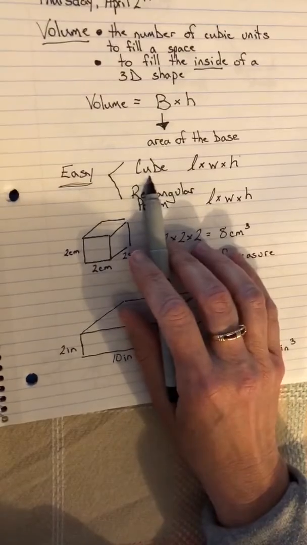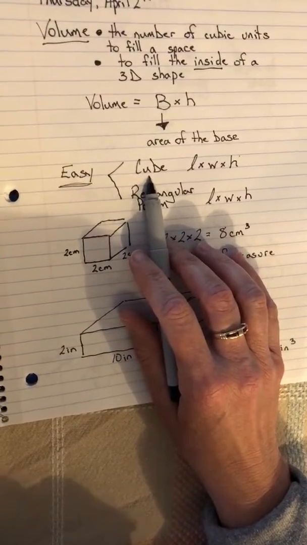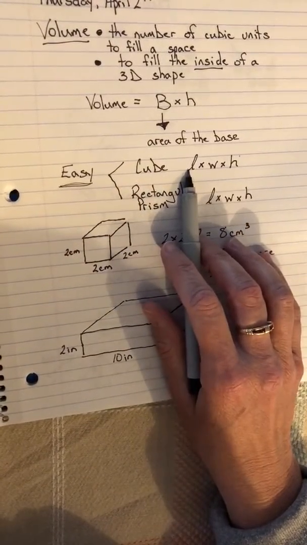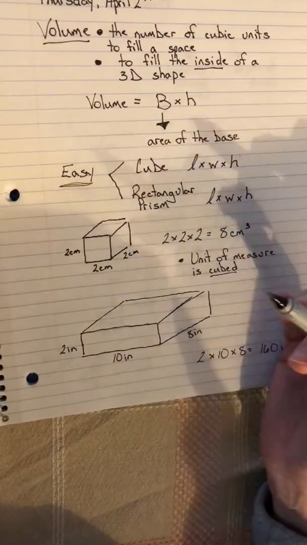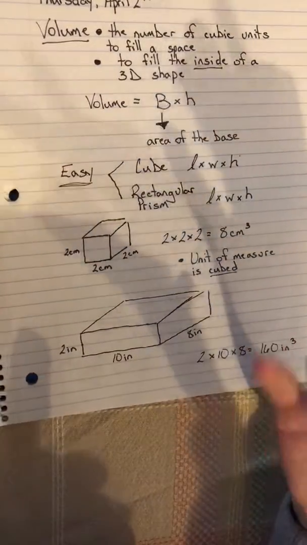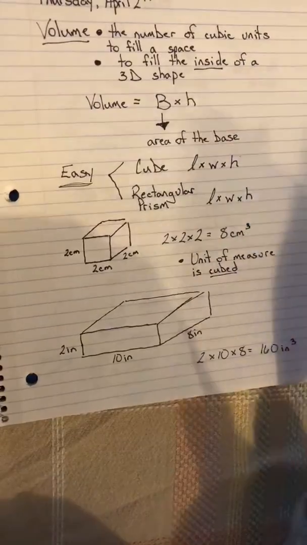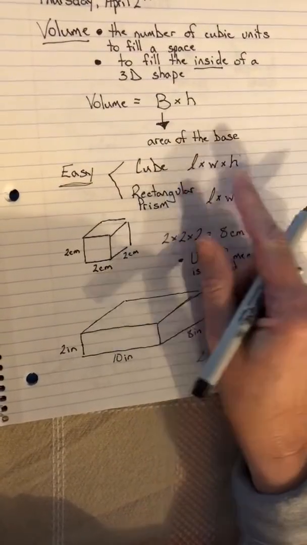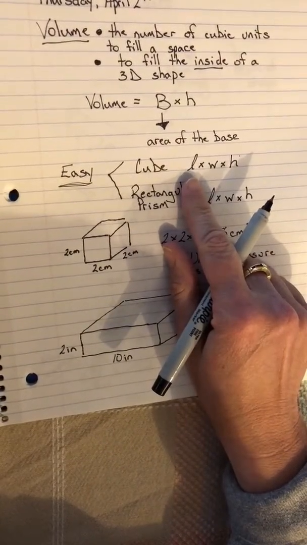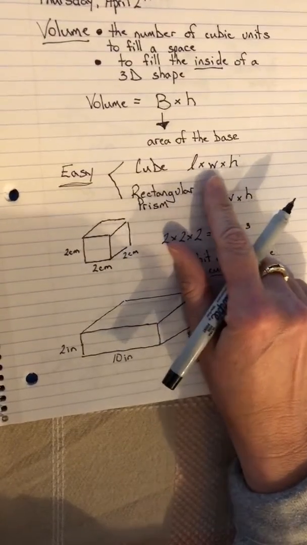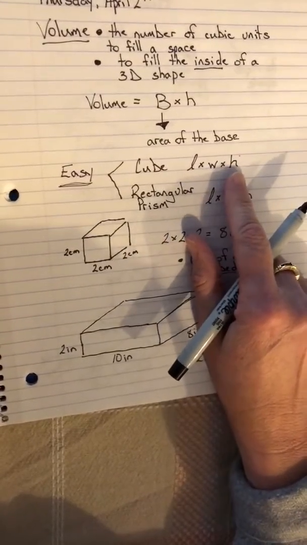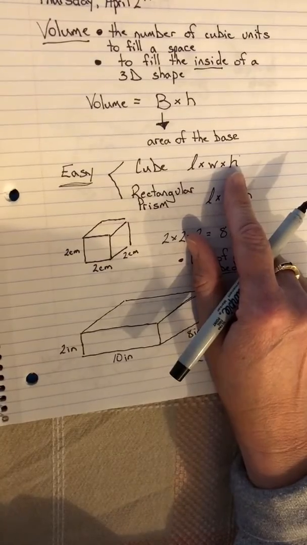For the cube, all we need to remember is we will get 3 measurements, and because it's a cube, all sides are the same. So if one side is 3 inches, then the length is 3 inches, the width is 3 inches, and the height would be 3 inches.